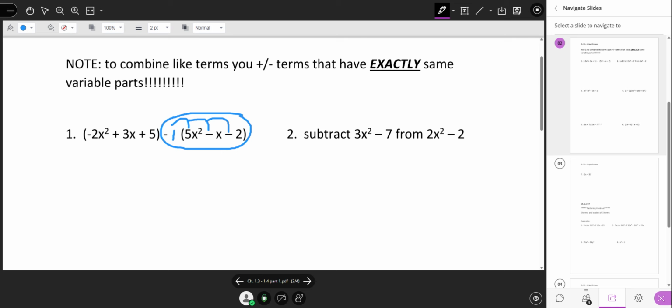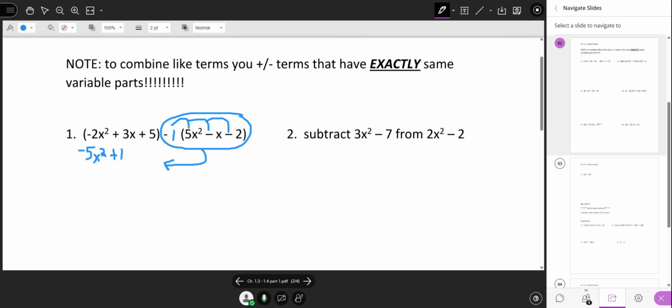And what I'll do is I will bring this underneath. Minus a positive is minus. And I will bring these under their like terms. Now, minus a minus means plus.